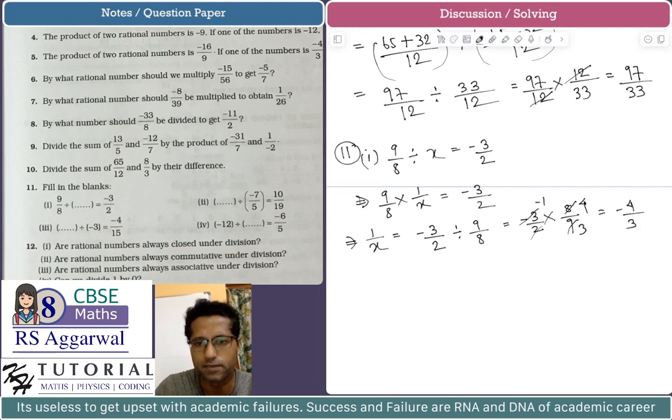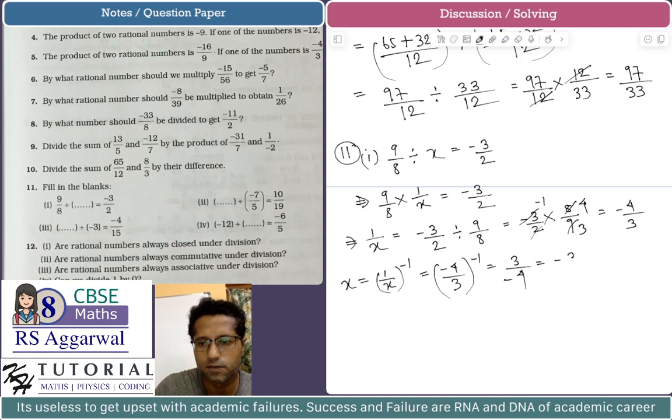Now we have to find x. So x is equal to the reciprocal of 1 by x. This is equal to the reciprocal of minus 4 by 3, which is 3 by minus 4. This is equal to minus 3 by 4. So the answer will be minus 3 by 4.